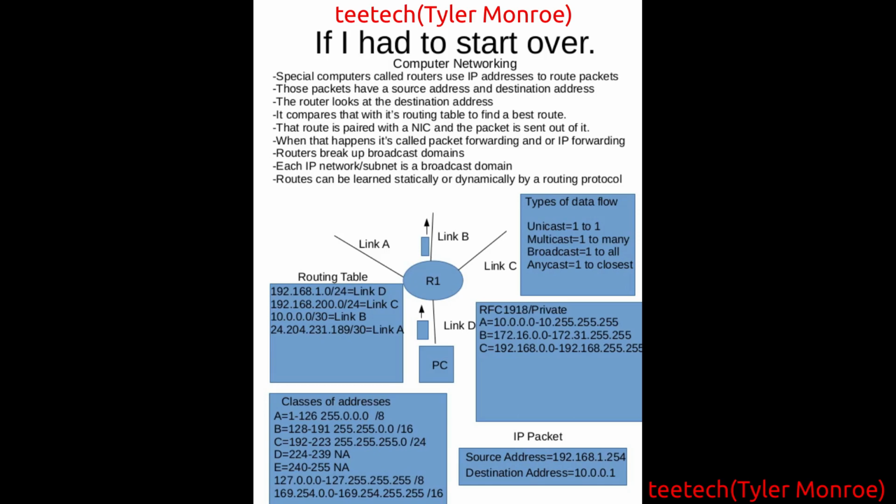They have a source address and a destination address, as we just spoke, and then the router looks at the destination address, and it holds different routes, so different streets, basically, in its routing table. But what it has to do is find the best route for that destination address in the packet. Now that route is paired with a NIC, and the packet is sent out of it.